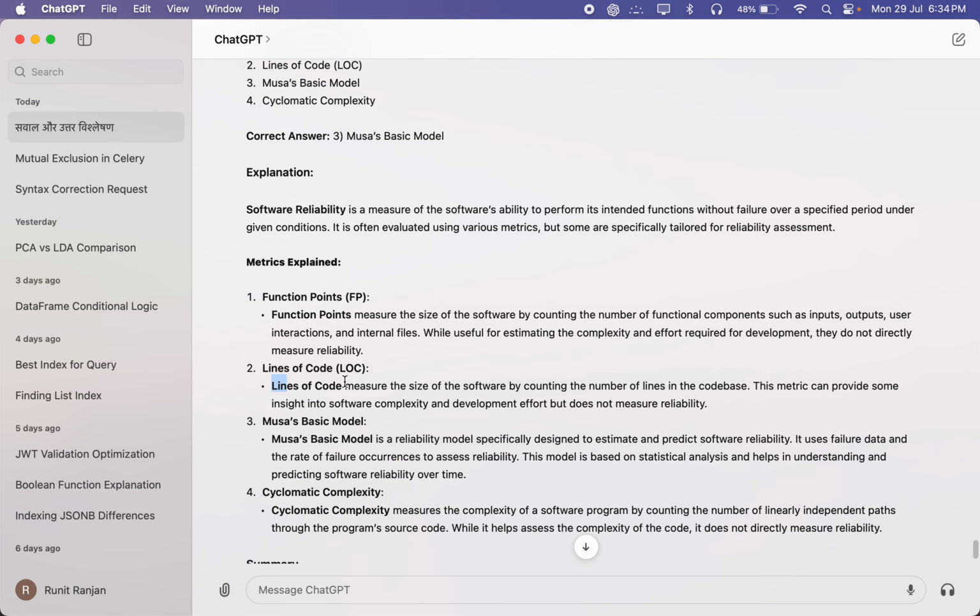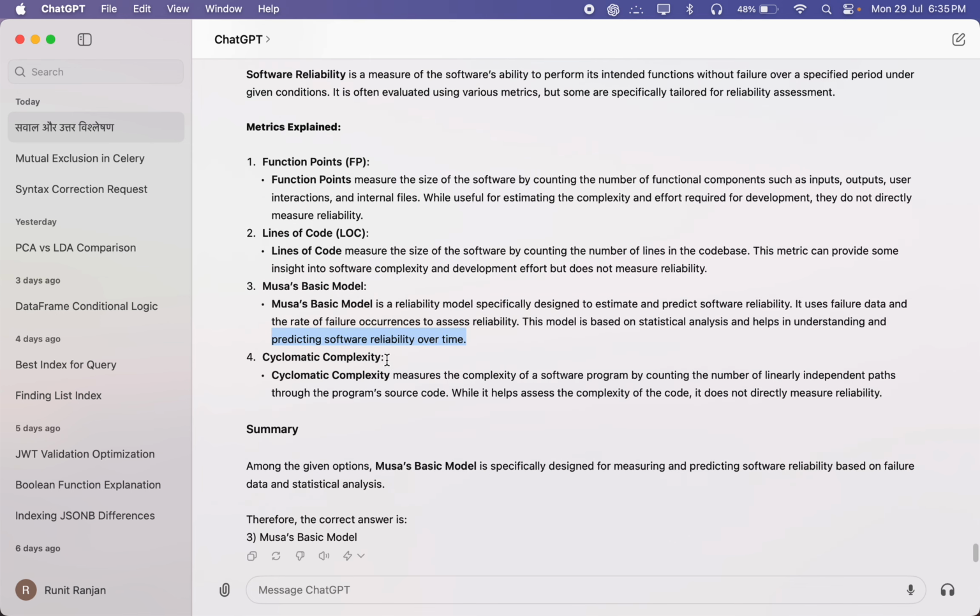Okay, LOC also doesn't actually measure reliability. It's just whether the number of lines of the code is big or small. Musa's basic model is a reliability model specifically designed to estimate and predict software reliability. Okay, so Musa basic model is the right answer. It uses failure data and the rate of failure occurrences to assess reliability. This model is based on statistical analysis and helps in understanding and predicting software reliability over time.